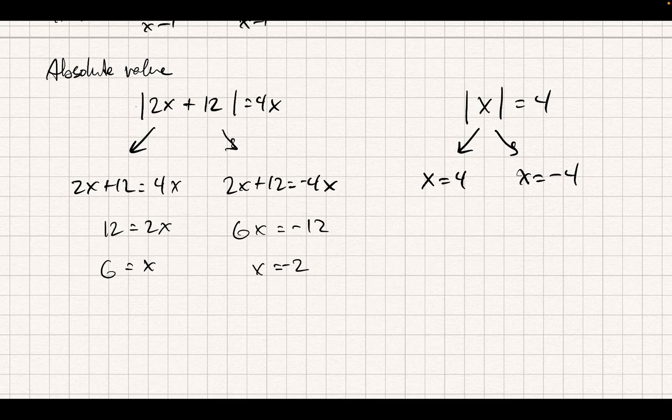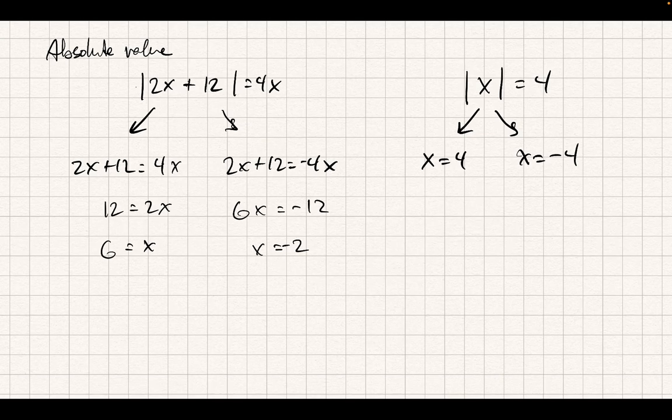So let's check it algebraically. Oh yes, it is extraneous. It doesn't work with the problem because if you plug it in, you get 8 equals negative 8. So it cannot be negative 2.